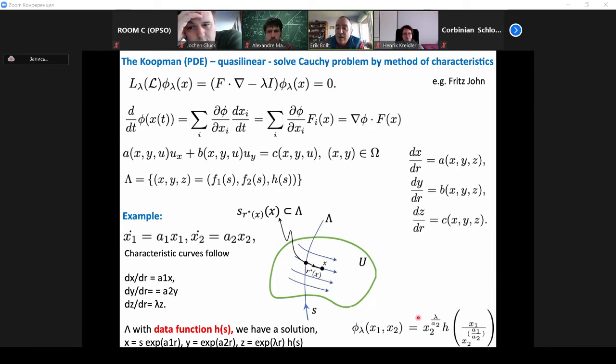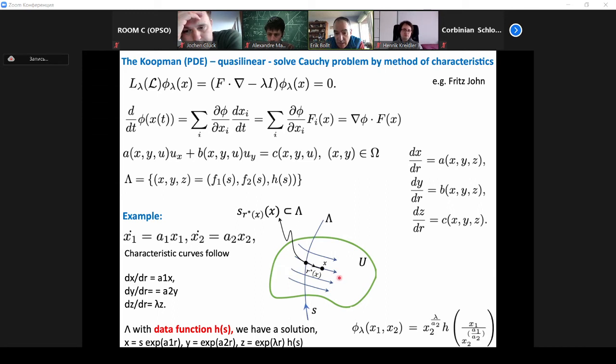equals x2 to the lambda over a2 times h, because what I can do is compose an arbitrary data function on an initial data manifold. If I state an initial data function h, then at each point x on the data manifold those end up being initial conditions, along the characteristics, which are solutions of the ODE.